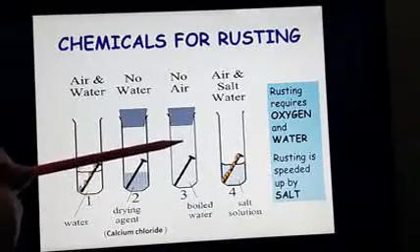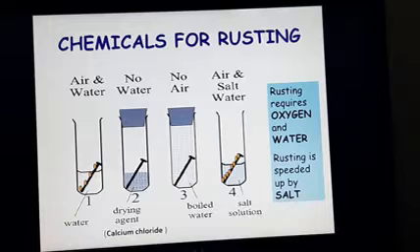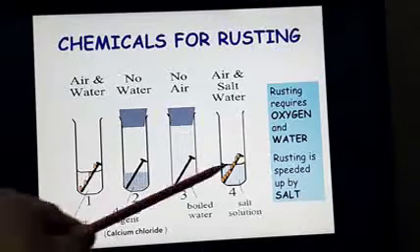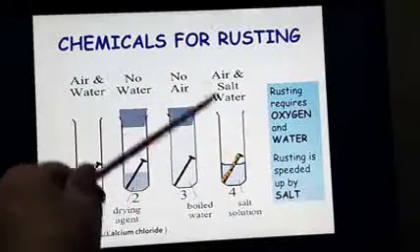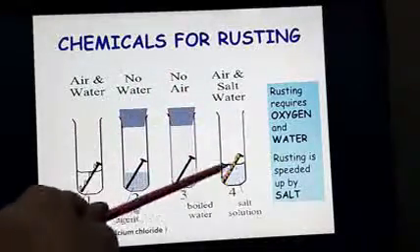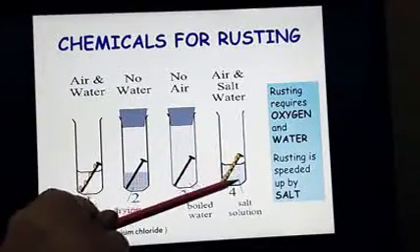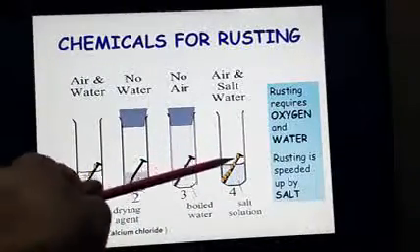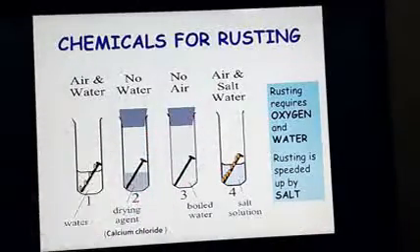There is water definitely, there is the iron nail, but there is no oxygen because we have boiled and removed all the oxygen from it. And the fourth one is an open test tube. Therefore we can say that there is air, and obviously some of the oxygen from the air will dissolve in the water. So water contains oxygen, there is moisture, there is air, and we have added salt also.